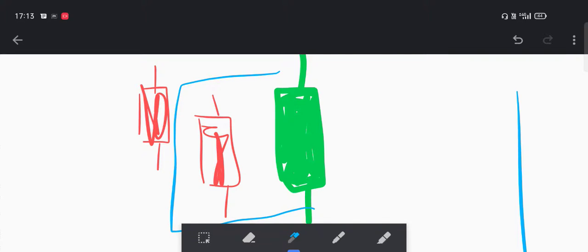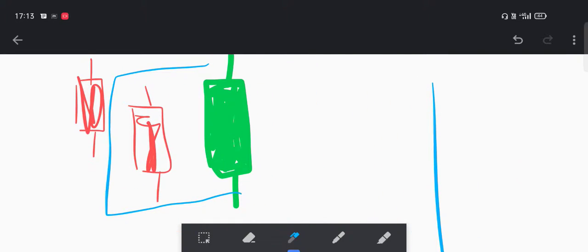Can you see? The candle has engulfed the previous candle fully. If you can fit this candle, it will fit in that. If a candle engulfs the previous candle, it is known as a bullish engulfing candle.